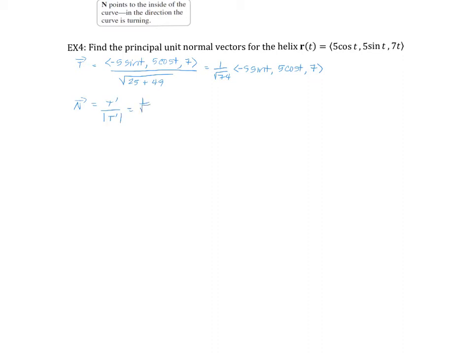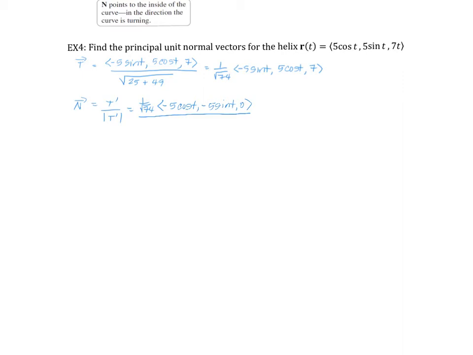The derivative of the tangent vector is 1 over the square root of 74, and the derivative of this vector is going to be -5 cosine of t, -5 sine t, 0, over the magnitude here.